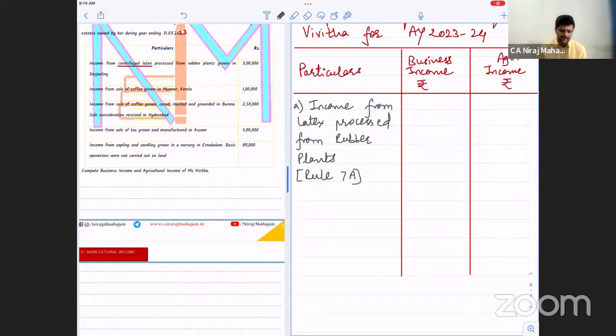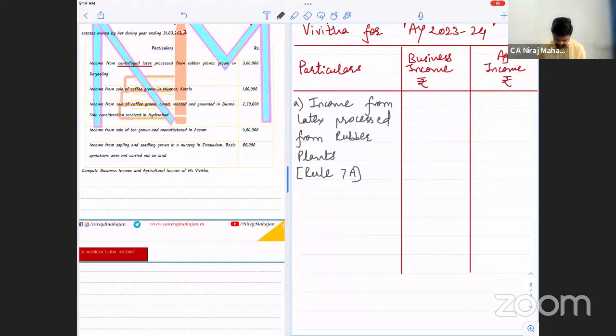So 75, 25, 65, 35. 65, 35 of 3 lakhs. Correct, everybody? So give me numbers. It is 1,05,000, I think. And the remaining, correct? 195.